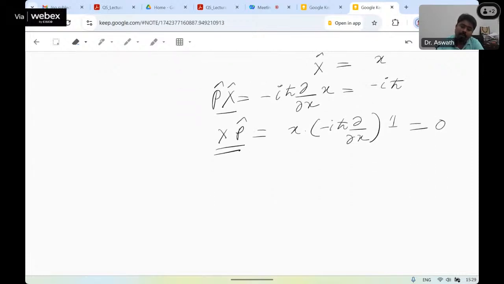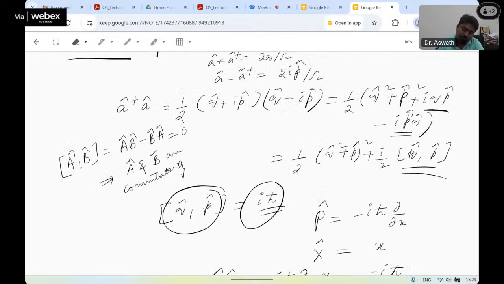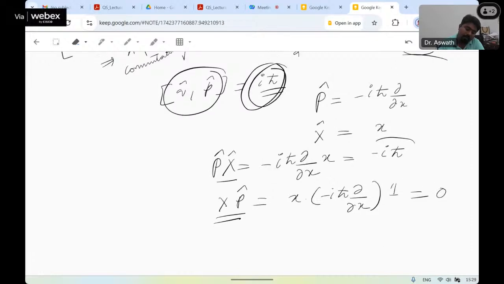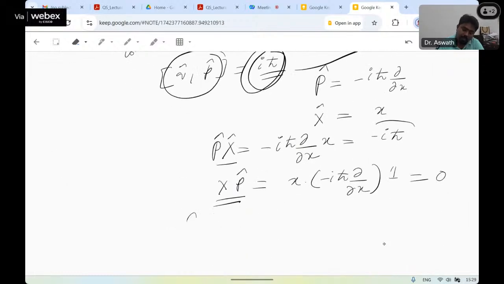Now that relation is established. Interestingly, if you substitute the value i h cross here, what comes out is a dagger a equal to 1 by 2 (q square plus p square) minus 1 by 2.